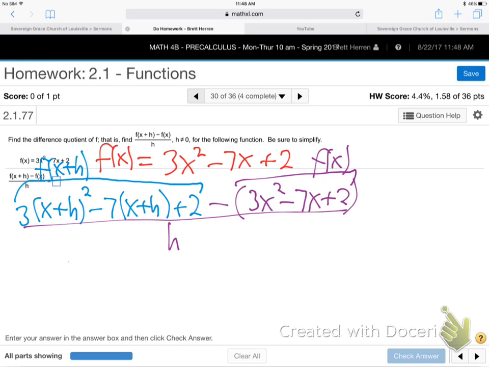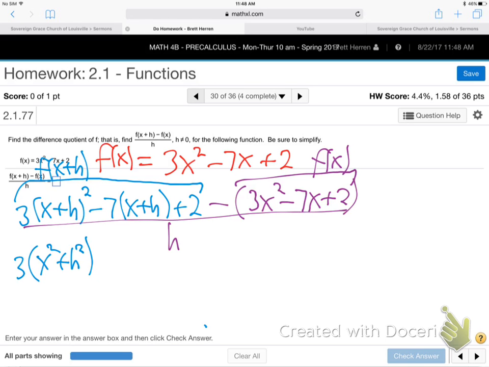So that's x plus h plugged into the function, and then subtract all of f of x. Right? The whole thing with x plus h plugged in, subtract the whole thing with x. It's always what we're doing on the difference quotient. Then you've got to work all that out, and we don't have much time. It's pretty painful. When you've got a 3 in the front, I would just let the 3 sit there. And then it's x plus h, squared.